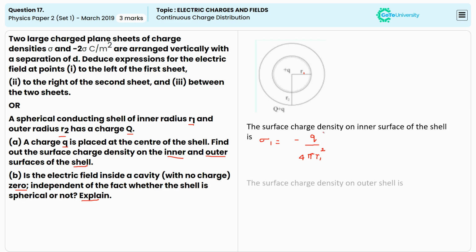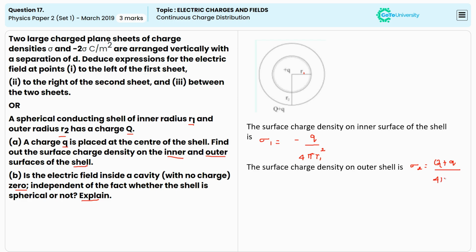Where the surface charge density on the outer surface is given by sigma 2 is equal to Q plus Q divided by 4 pi R2 square.